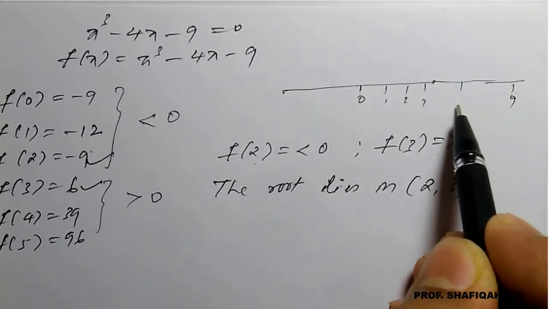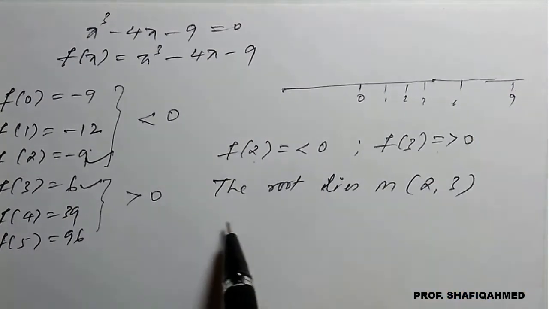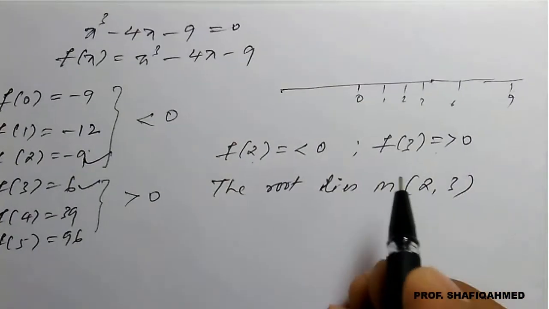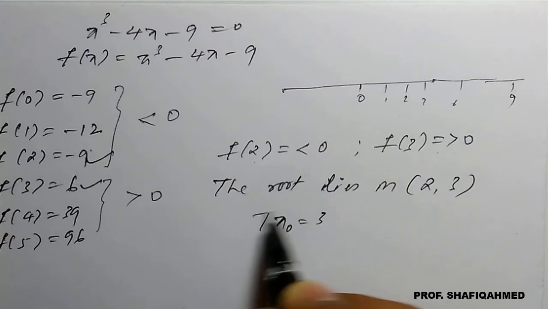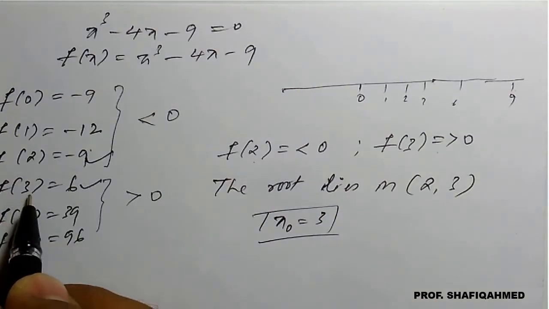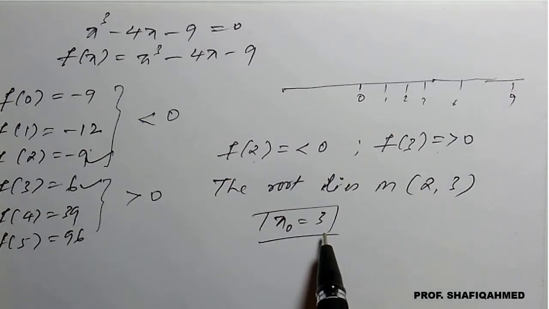Here I can say that 6 is nearer to 0. So our x0 value is 3, because if I put x equal to 3, only then do I get 6 here. So x0 value will be 3, which is nothing but the initial approximation.